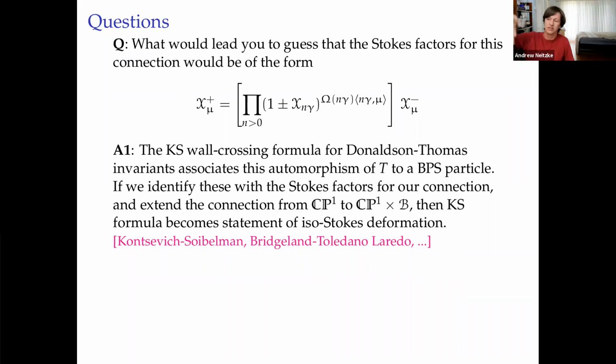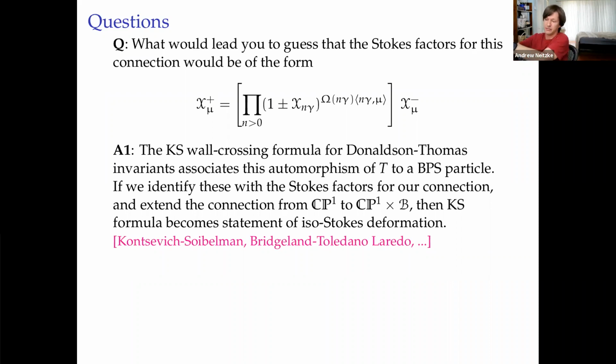so far I just talked about a connection or a differential equation in the zeta direction, which you might say is a connection just over CP1, the CP1 parameterized by the twistor parameter zeta. We can also extend that to a connection over CP1 cross the base of the complex integrable system.